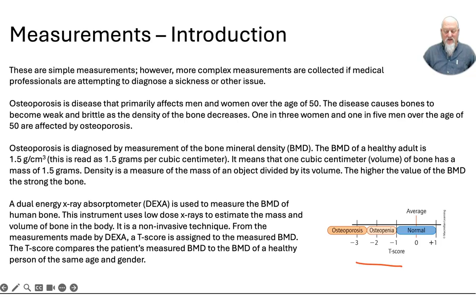And if it's significantly less than the average, your T-score could be down in the -2, -3 range, and you're either in osteopenia, which is pre-osteoporosis, or in the osteoporosis region, right? What we're looking for taking this measurement is how healthy your bones are.